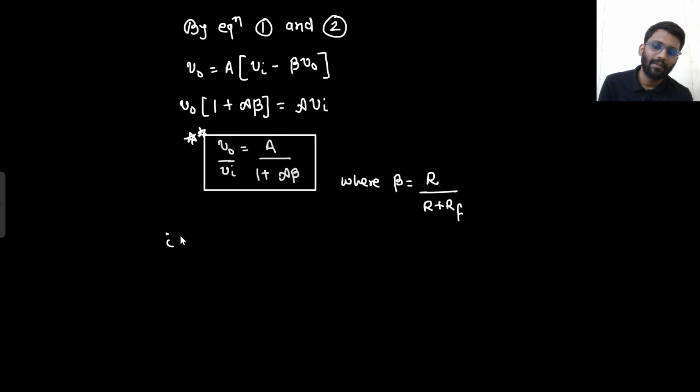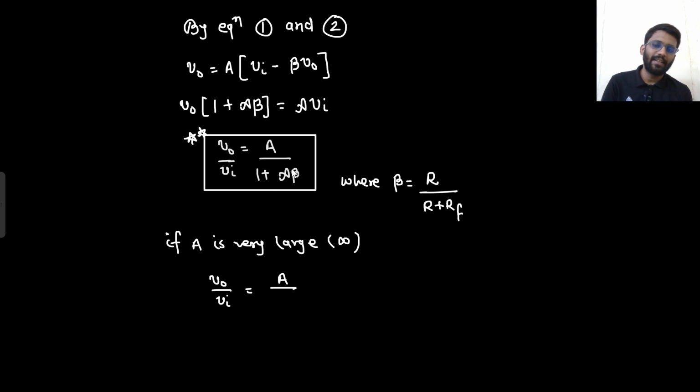And if A is very large, or you can say infinity, then what will happen? V naught by V in would be equal to A upon 1 plus A beta. If A is very large, this factor will be very large, so you can replace 1 plus A beta with A beta only, because 1 will be negligible.